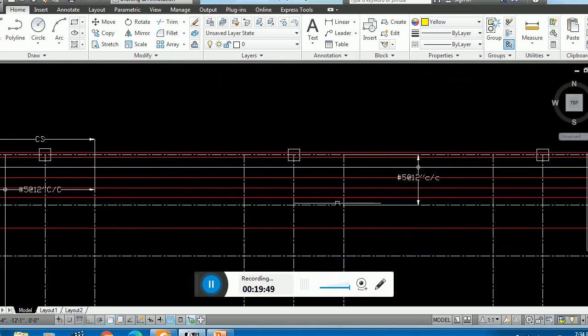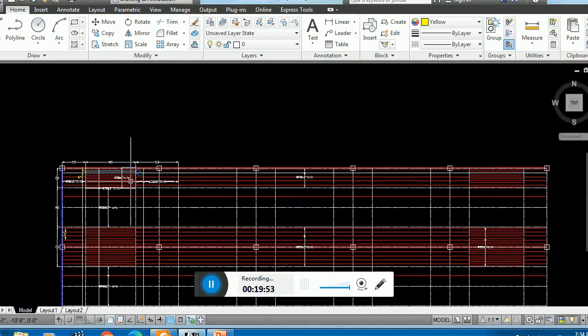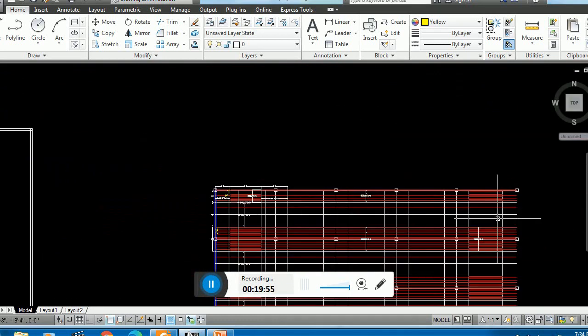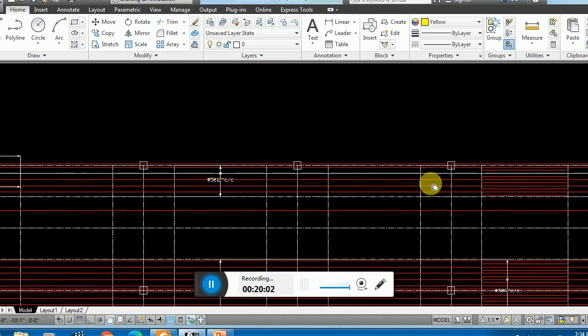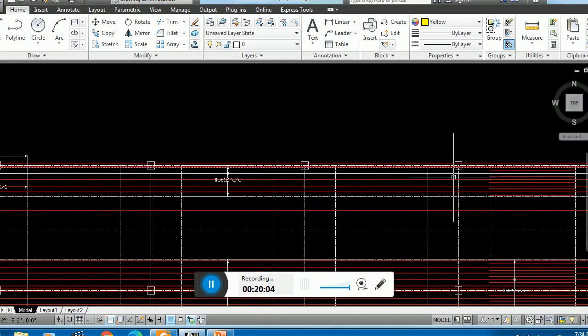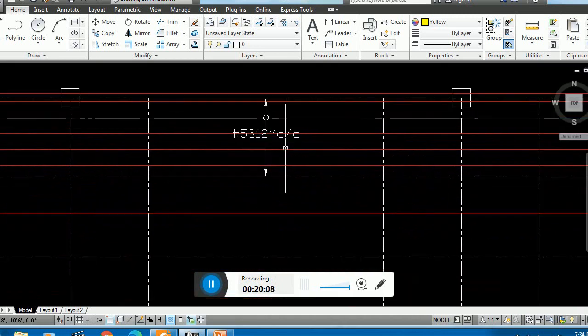Okay, and again, if you see here, in the first exterior panel, the reinforcement is a little bit complicated, but in this panel and in this panel, the reinforcement is number 5 at the rate of 12 inch center to center.